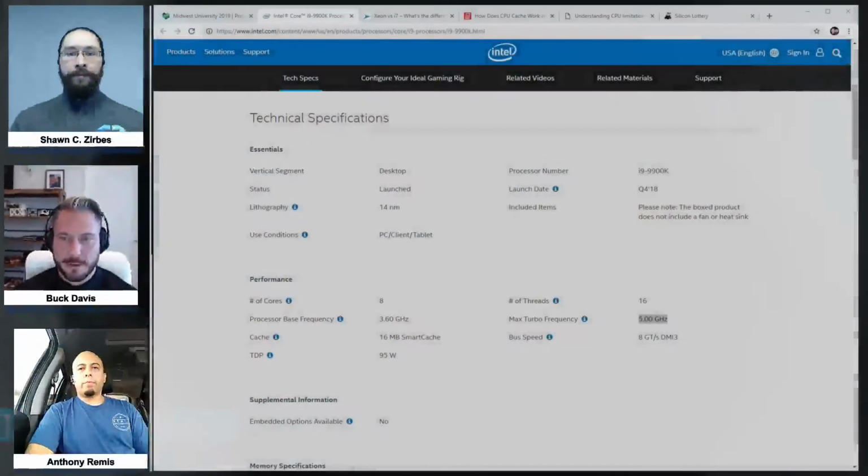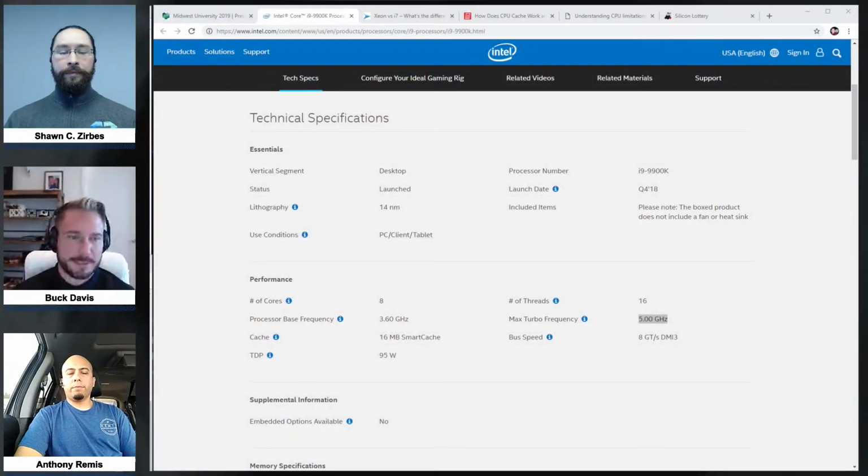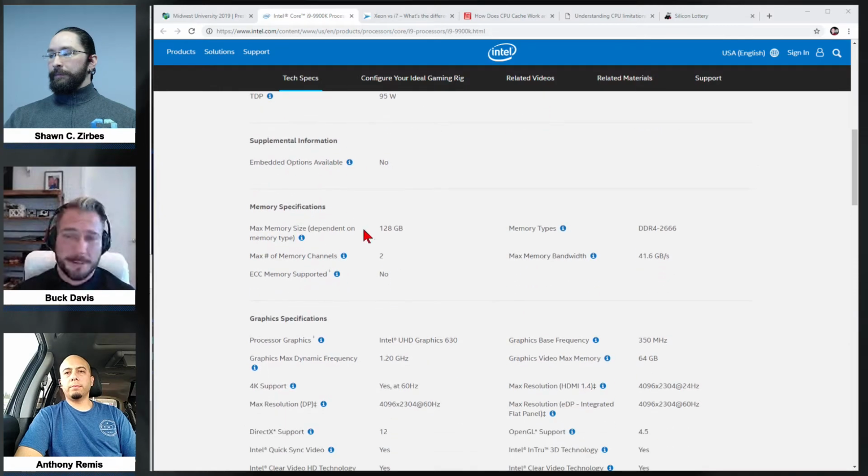Go ahead. Oh, I was going to say, when you look at that spec sheet on the 9900K, Intel is very conservative in some places and not so much in others. When they look at memory specifications and it says DDR4 2666, they're talking about what that system is made to run on.